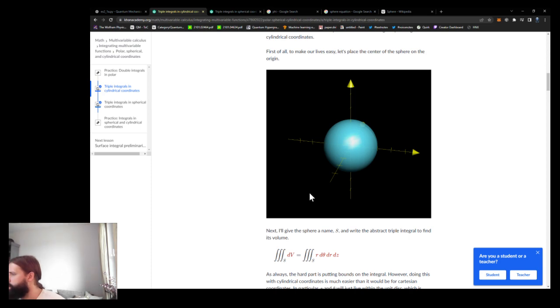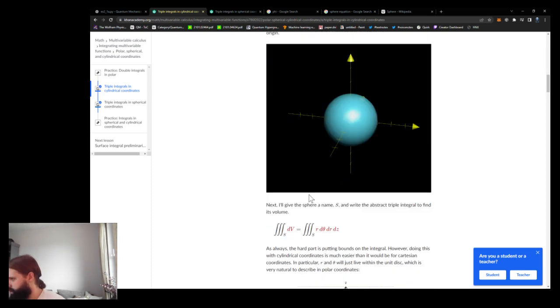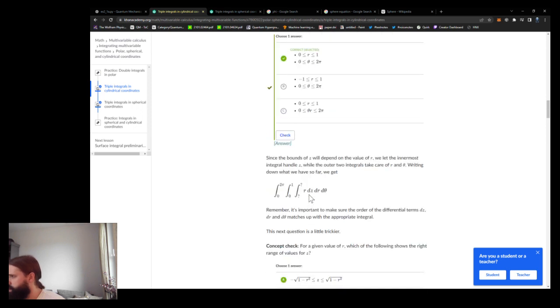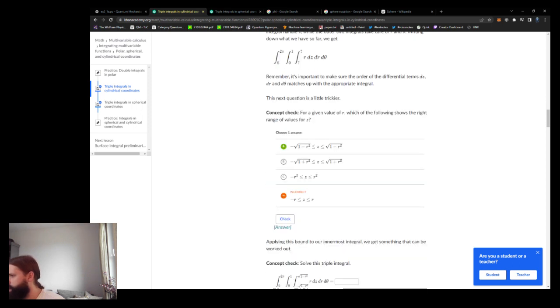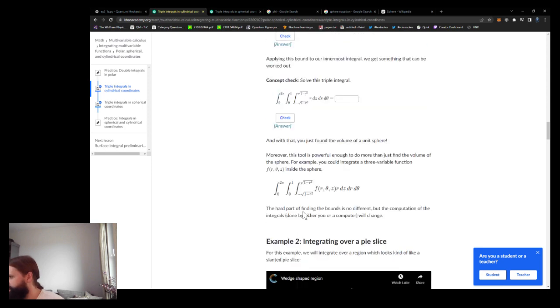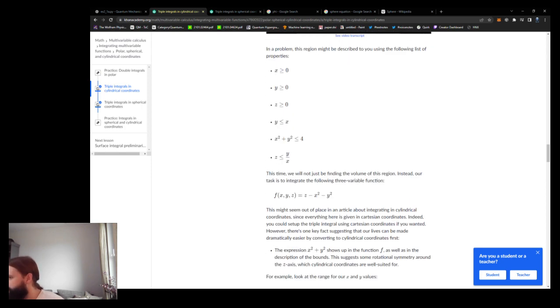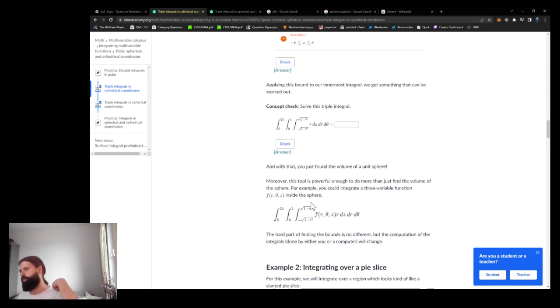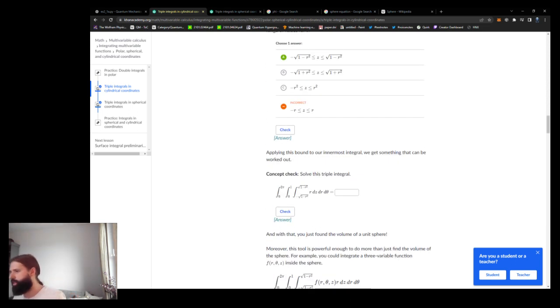Volume of a sphere. They could have done, oh, I've seen the solution. But they could have done, let's try to see if we just put r, because I think then the r goes here, right?